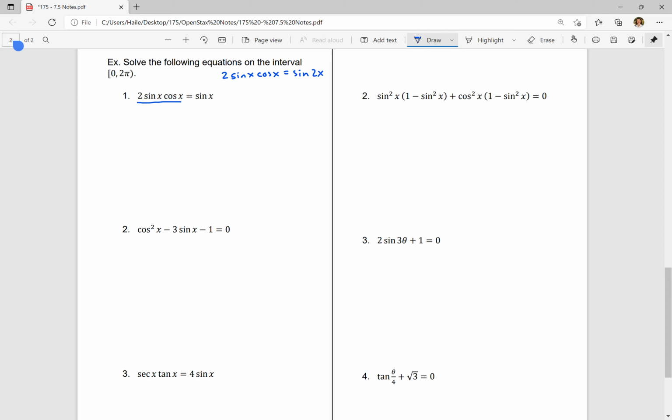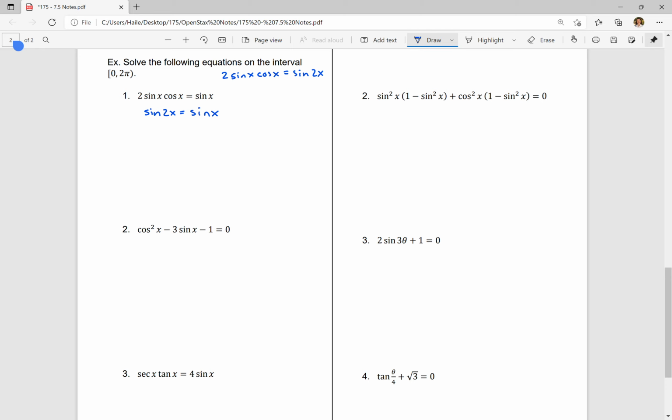So your first instinct might be to go ahead and substitute an identity. Okay, so let's talk about why that actually won't help you very much. So let's start solving it. So if we were to substitute that and say sine of 2x is equal to sine of x, the question would be, where do we go from here?